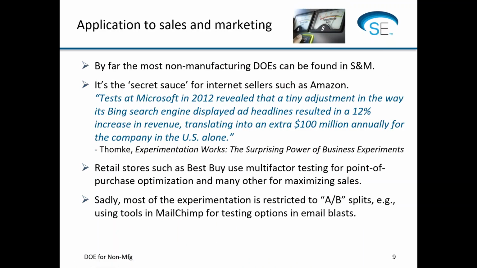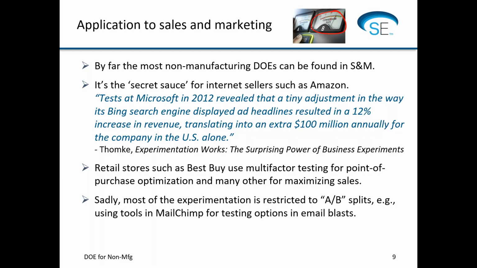So by far, the most common thing that I've seen for application of DOE is in sales and marketing. And of course, there, it's really important to improve the conversion rate, ultimately from the starting selling proposition to the final sale, to see if we can get more prospects converted over.